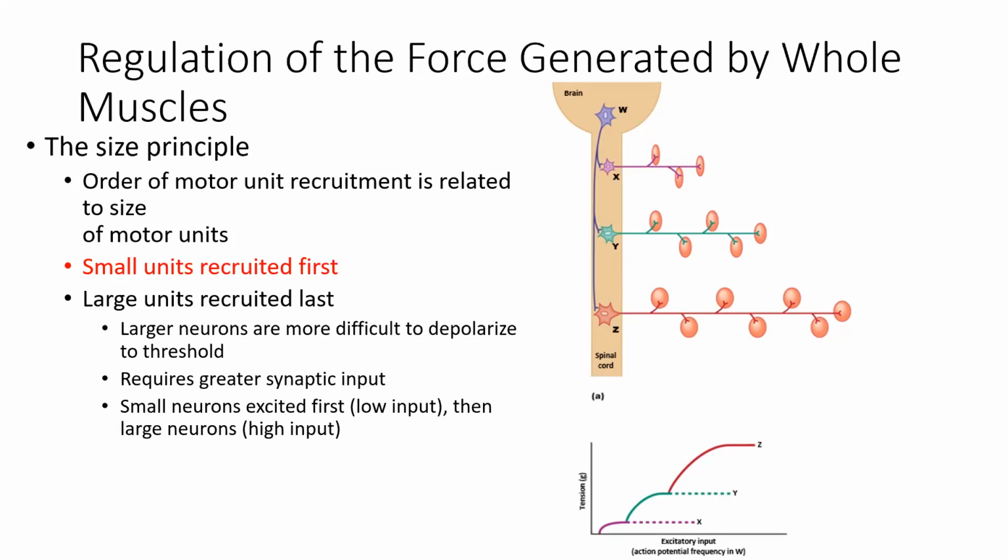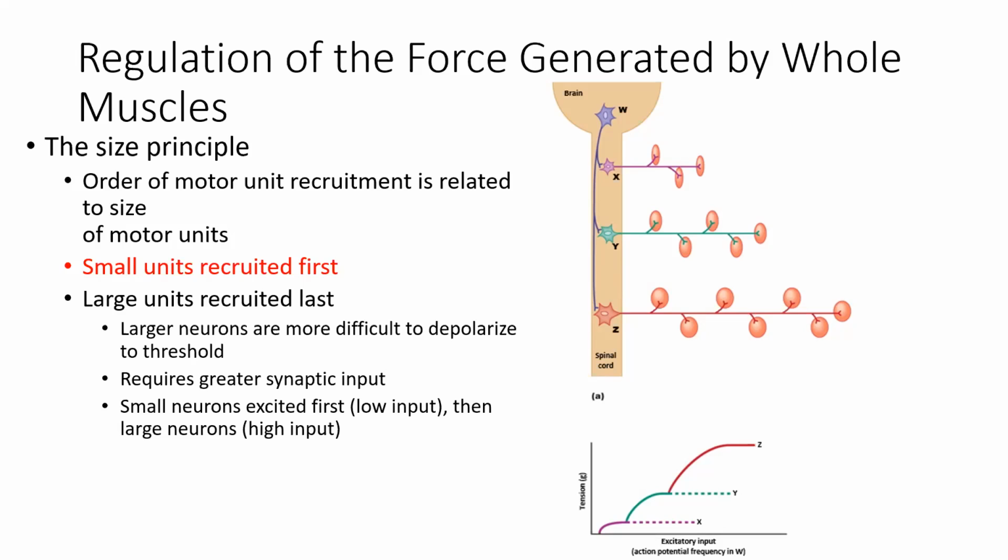They're going to require more synaptic input, so more of an action potential, more neurotransmitter, a larger amount of vesicles with neurotransmitter. It's just going to require more synaptic energy to depolarize a larger neuron than it would to depolarize a small neuron. And so just as a measure of efficiency, we start by recruiting our smaller motor units first, and then we recruit our larger motor units.